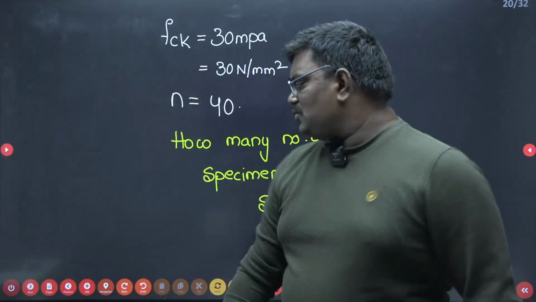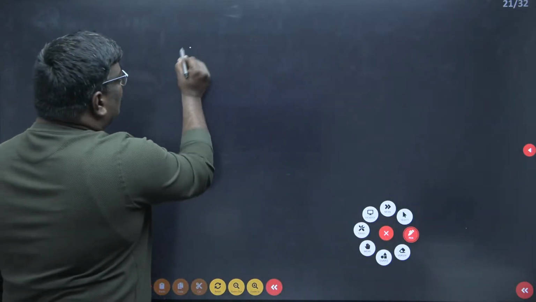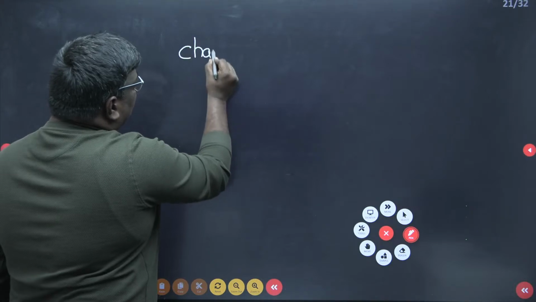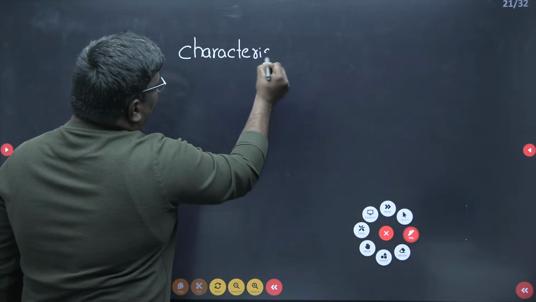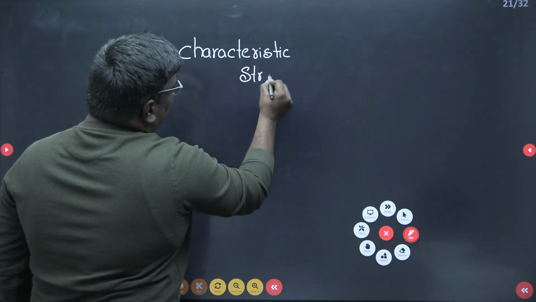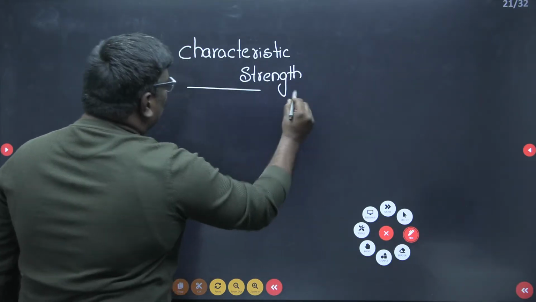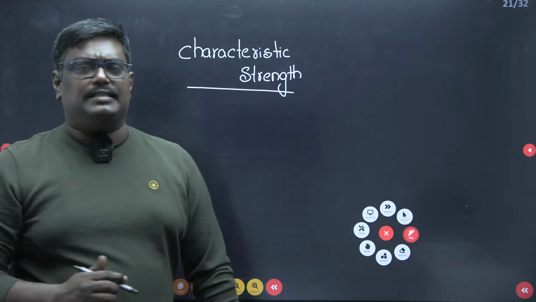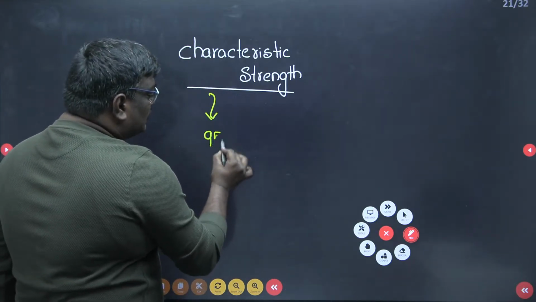Now see students, whenever you are asked this question, the question is simple. What do you mean by characteristic strength? What is the definition of characteristic strength? You should be aware of this.